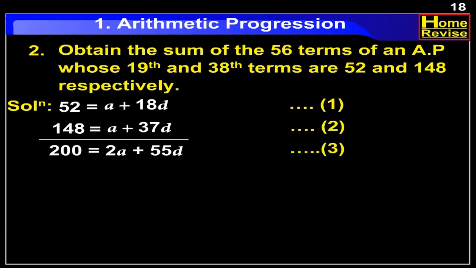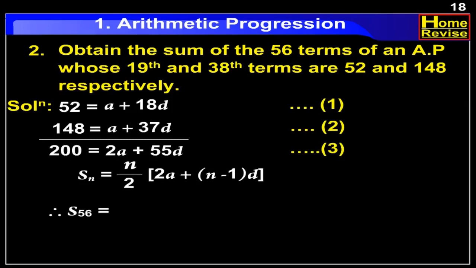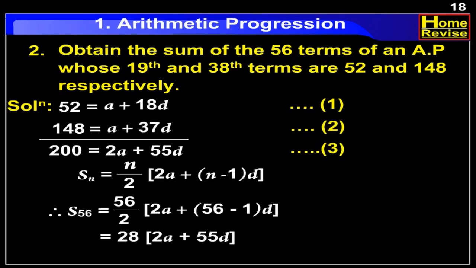Now, we also know that Sn is equal to n upon 2 into (2a plus (n minus 1) into d). Therefore, S56 will be equal to 56 upon 2 into (2a plus (56 minus 1) into d), which is equal to 28 into (2a plus 55d).